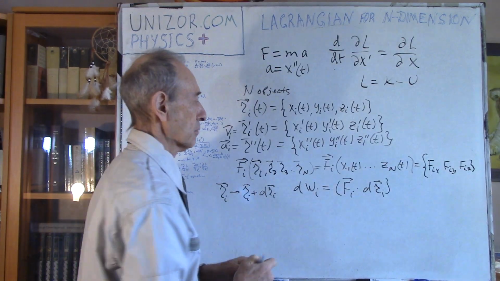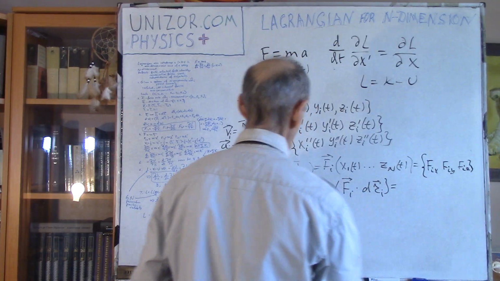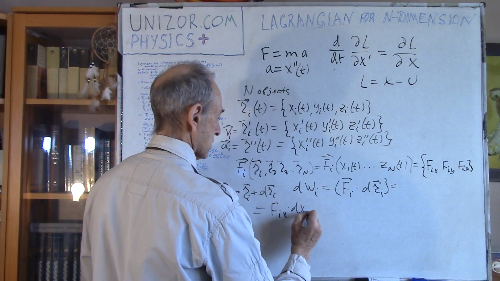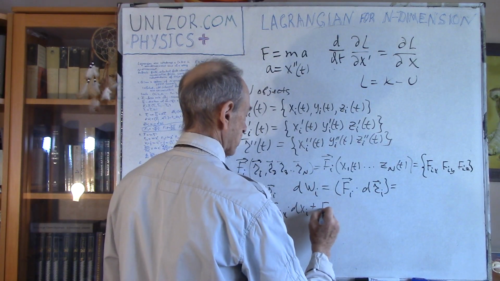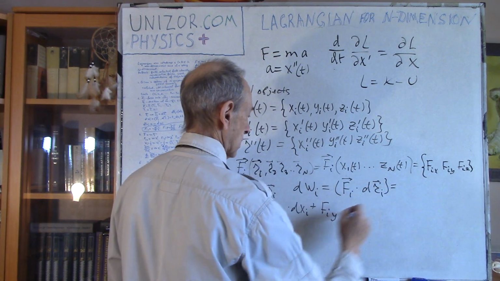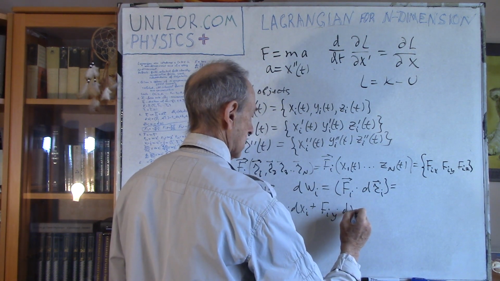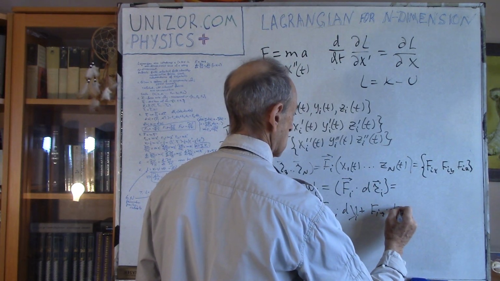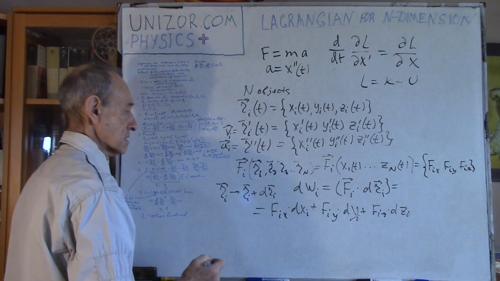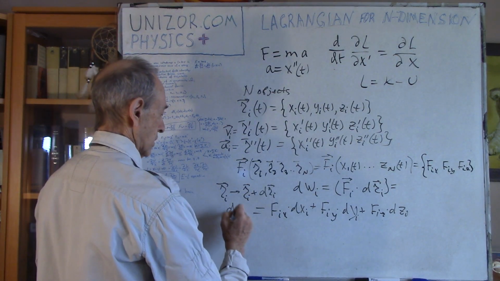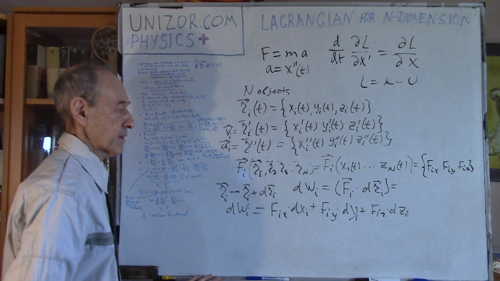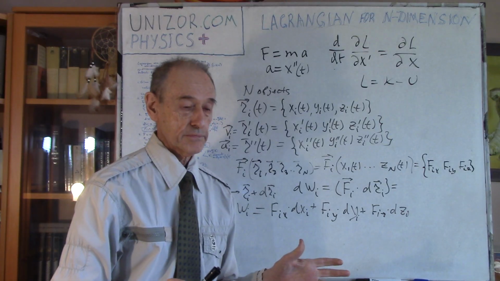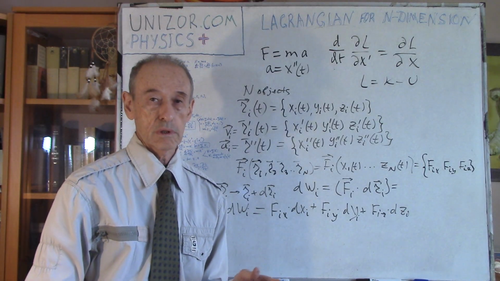Both are vectors, it's scalar product, and in coordinate form it's Fix times dxi plus Fiy components by dyi plus Fiz times dzi. So this is amount of work performed by this force. Now, okay, great. Now we have the conservation of energy law.